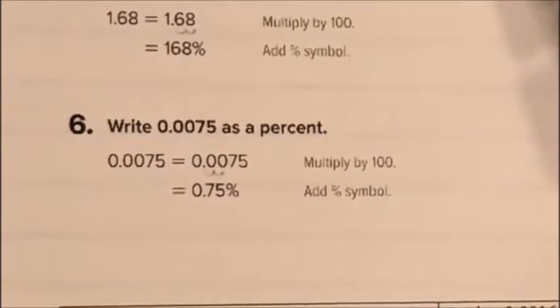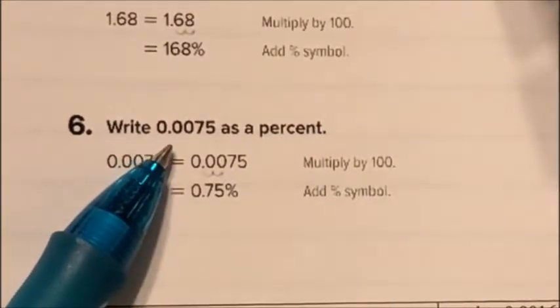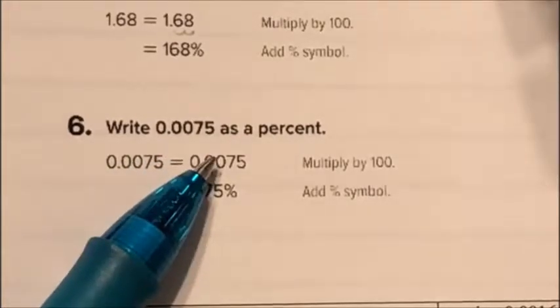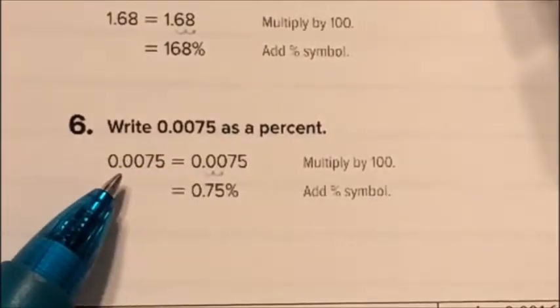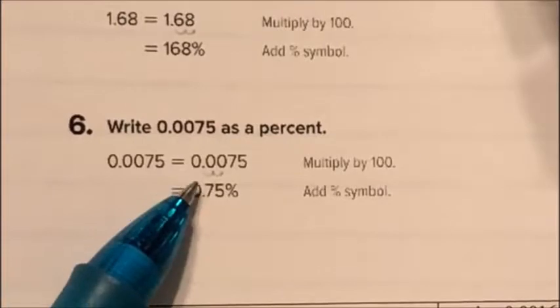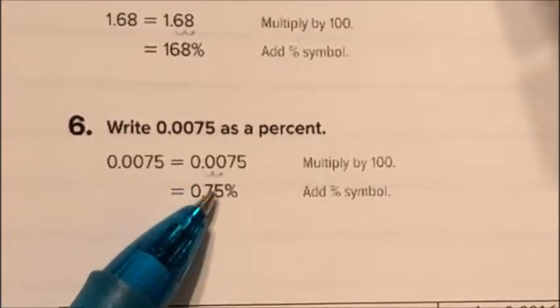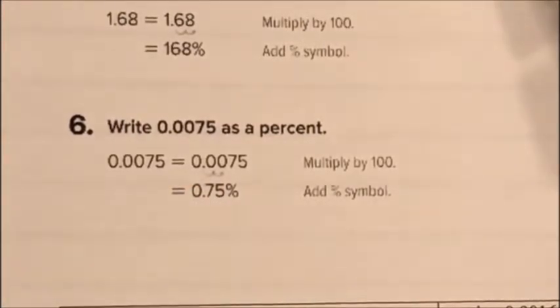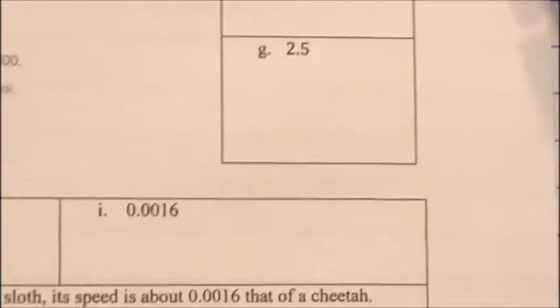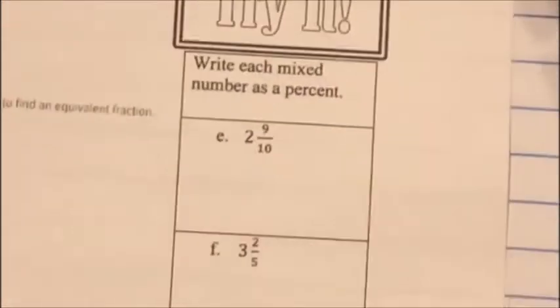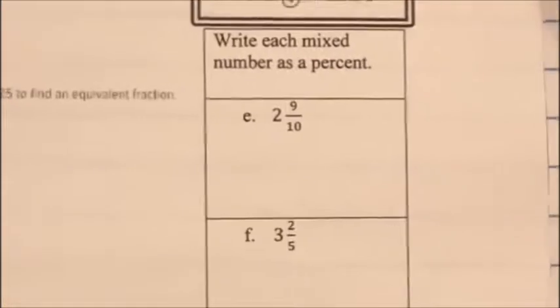For number 6, it says write 0.0075 as a percent. So I'm just going to move my decimal 2 places to the right, 1, 2. I get 0.75%. Now, there are a couple of try it problems, so I want you to try them out. Pause the video. Once you're done trying them, we will go over them together.